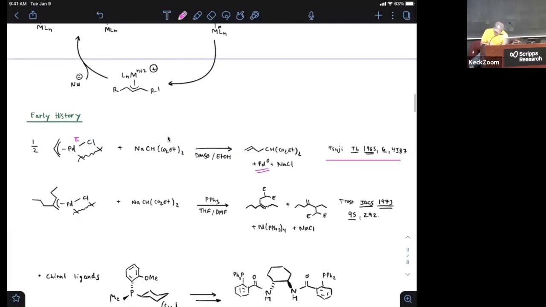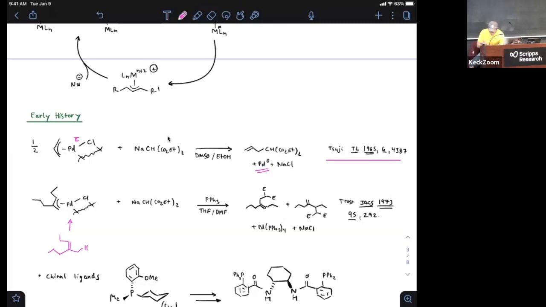An interesting sidebar on this example from the Trost lab is that the way that this allylic starting material, palladium starting material was made was actually from the strategy that Alex proposed to us, a CH activation.